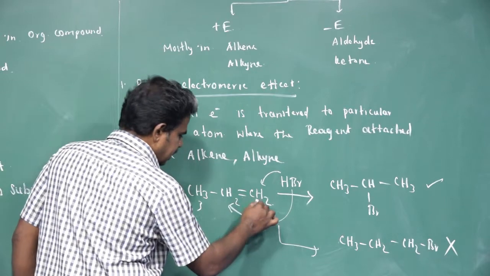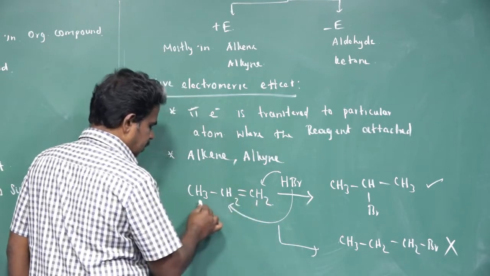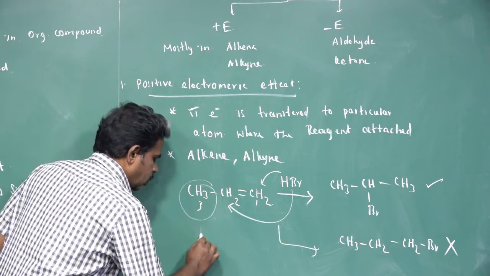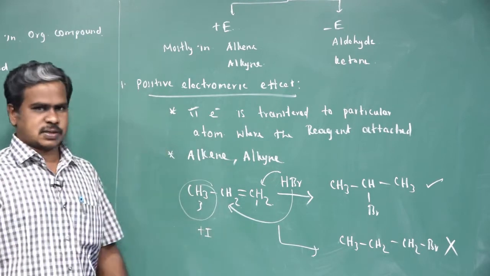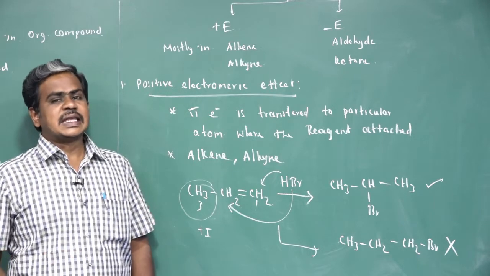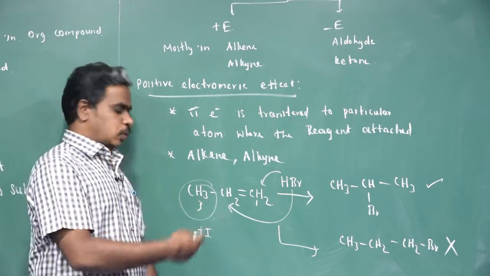Here it is the first carbon, the second carbon, and the third carbon. Now the methyl group has a plus I effect. What do you mean by positive inductive effect? That is an electron donating group.